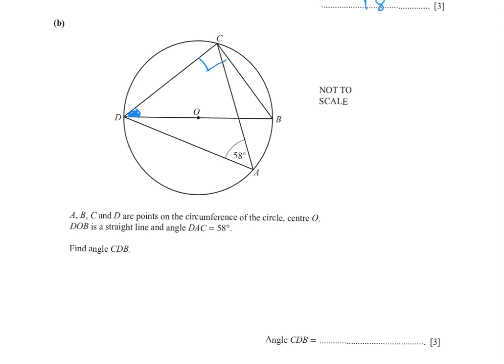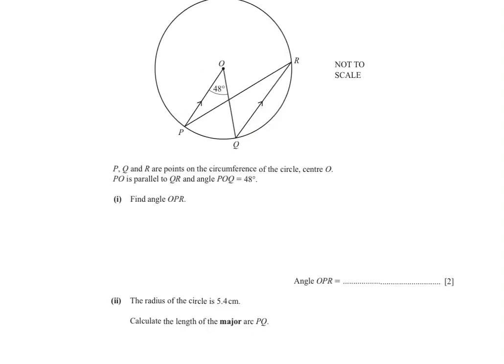If this angle is 58, this also is 58 because they subtend the same arc, so they are the same measure. Now you can find this angle: 180 minus 90 plus 58 equals 32.